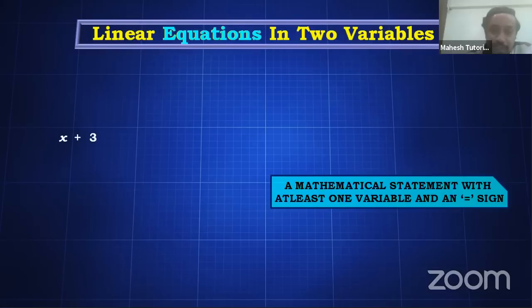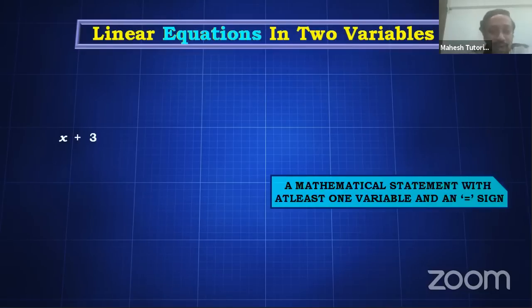Does this mathematical statement have an equal to sign? No. So if there is no equal to sign, this mathematical statement is not an equation. Because for any mathematical statement to be an equation, दो condition है. The first one is it should have at least one variable, and the second condition is it should have an equal to sign.